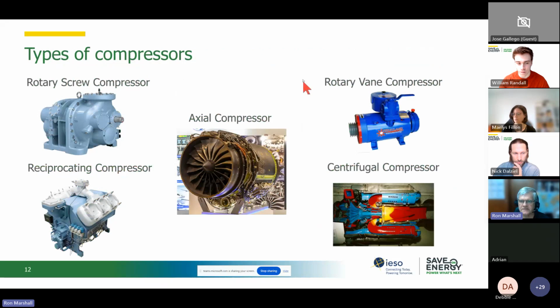Types of compressors that we see in the systems, right? We've got rotary screw compressors, reciprocating compressors, rotary vane. Those are what we call positive displacement. So for every revolution of the shaft, they produce about the same amount of CFM, right? And we might have axial and centrifugal compressors, right? They're dynamic compressors.